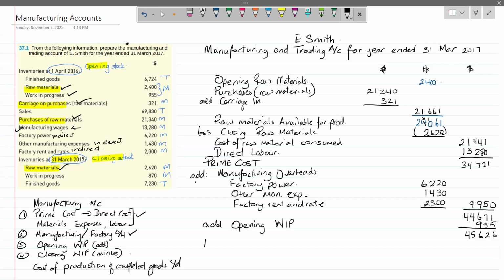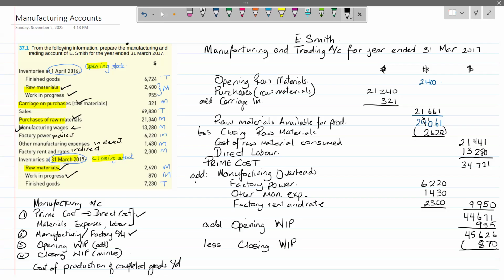And then I'm going to subtract, less closing WIP, work in progress. I'm minusing the closing WIP, which is here, because these things are not done as yet. So I can't include it in my production cost. They're not ready for sale as yet.